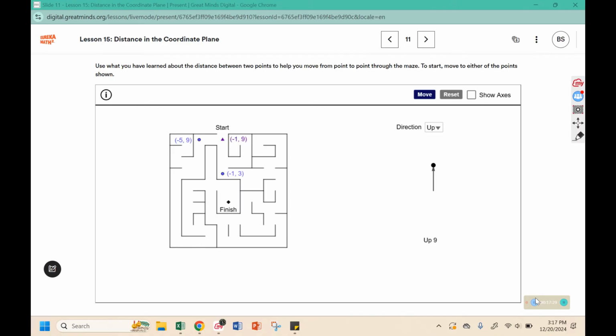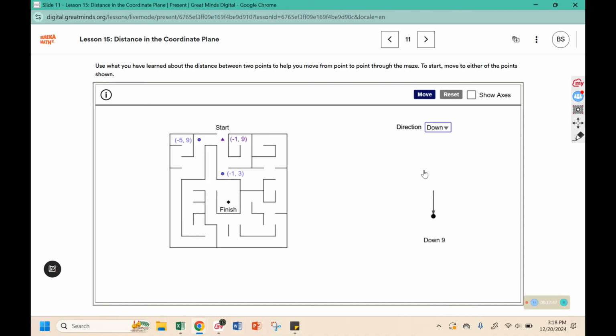Use what you have learned about the distance between 2 points to help you move from point to point through the maze. To start, move to either of the points shown. Okay, so if we're starting here and we want to go down to this blue circle, we need to change our direction to say down.